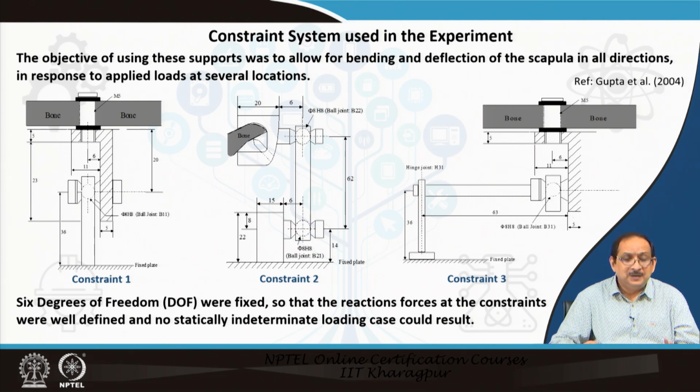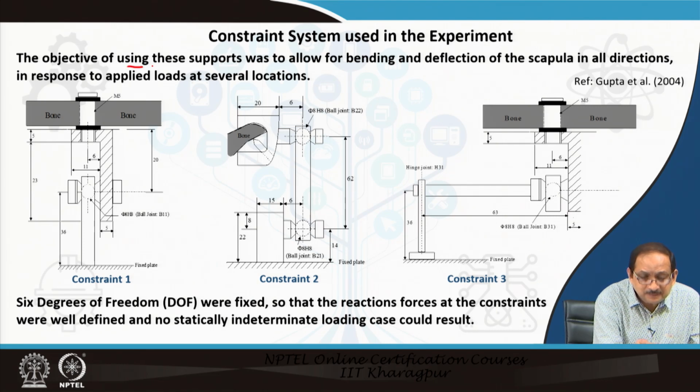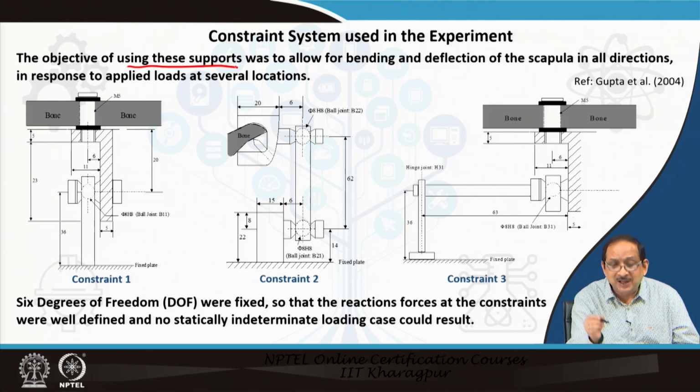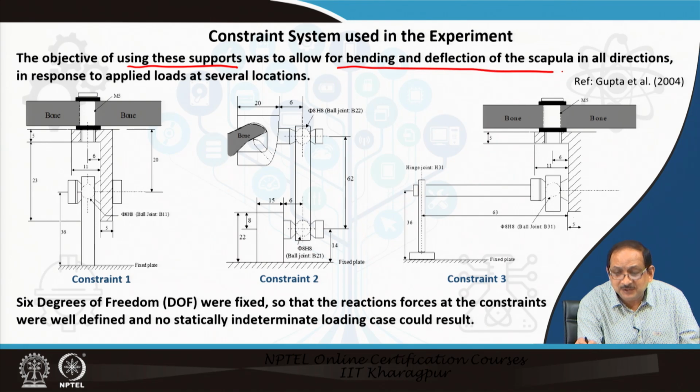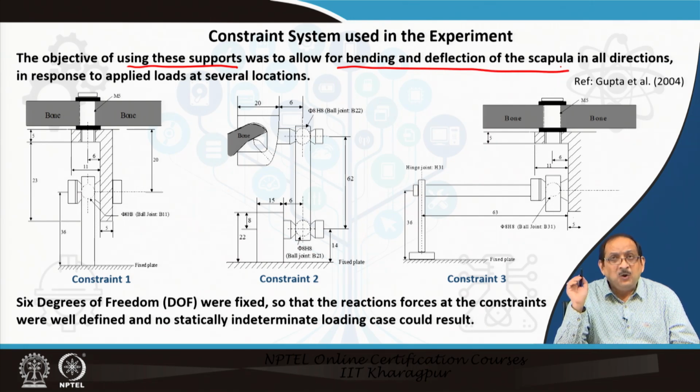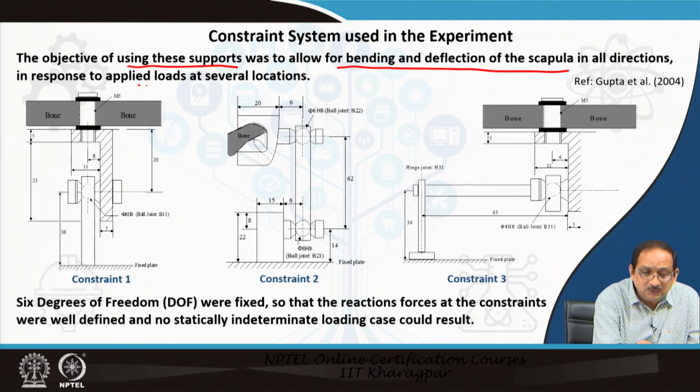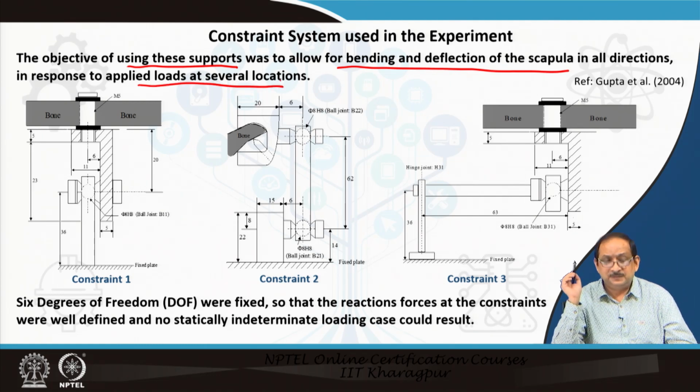experiment. The objective of using these supports or constraint systems was to allow bending and deflection of the scapula in all directions in response to applied loads at several locations.